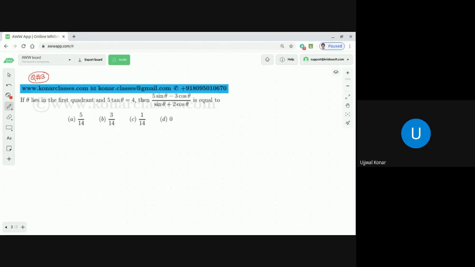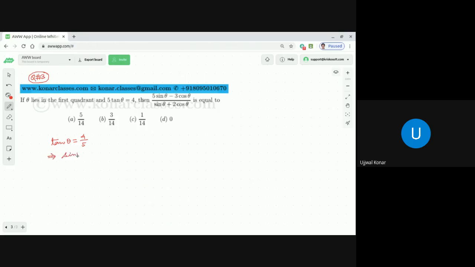So as you see that theta lies in the first quadrant, so all trigonometric functions will have positive values. So tan theta is equal to 4 by 5. Tan theta equal to 4 by 5. So from here we can find the value of sin theta and cos theta.